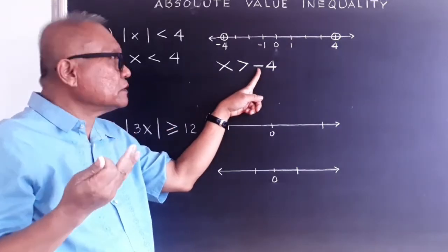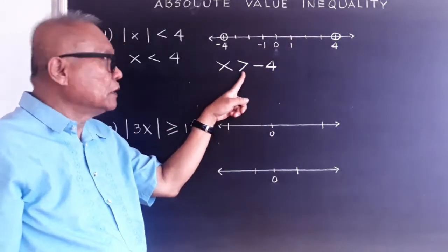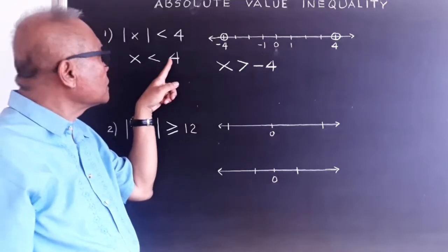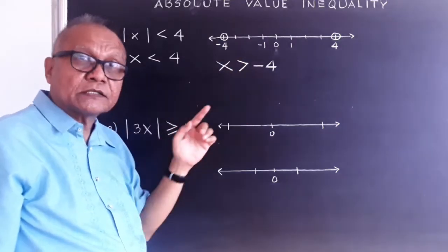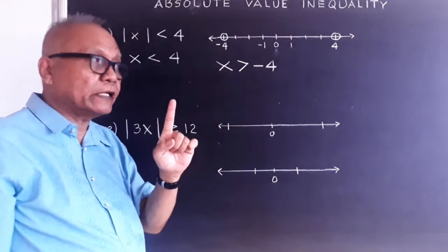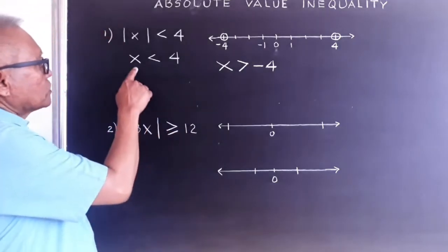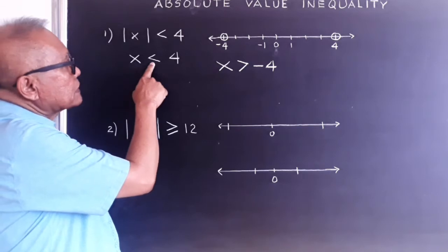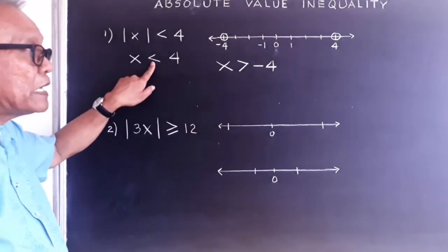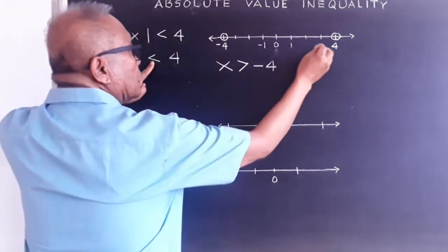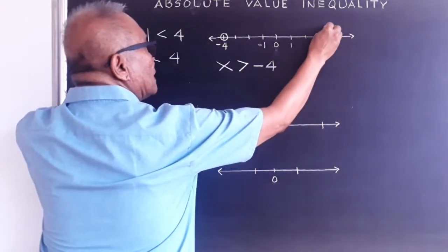We change the sign, then we change the orientation. This one we don't, because it is positive. This one is negative, then we change. Don't forget that. Okay? Now, the value of x here is less than 4, so we have a less than here.